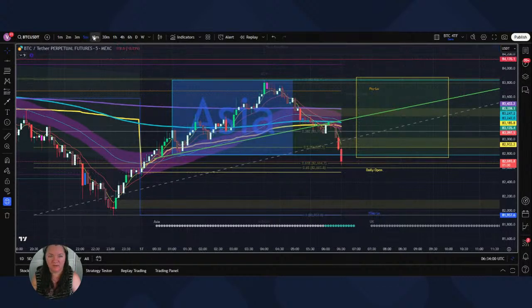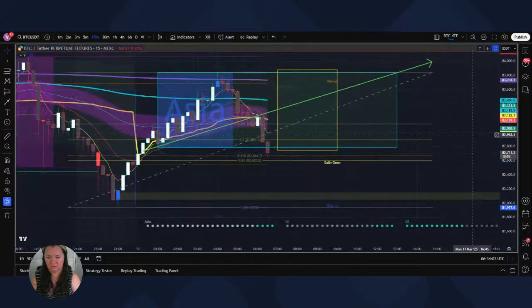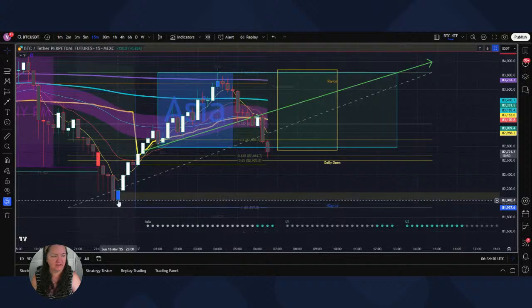On the 5 minute candle, let's have a look if this turned red. See, this still hasn't turned red yet. Usually I'd like to see some color being formed.